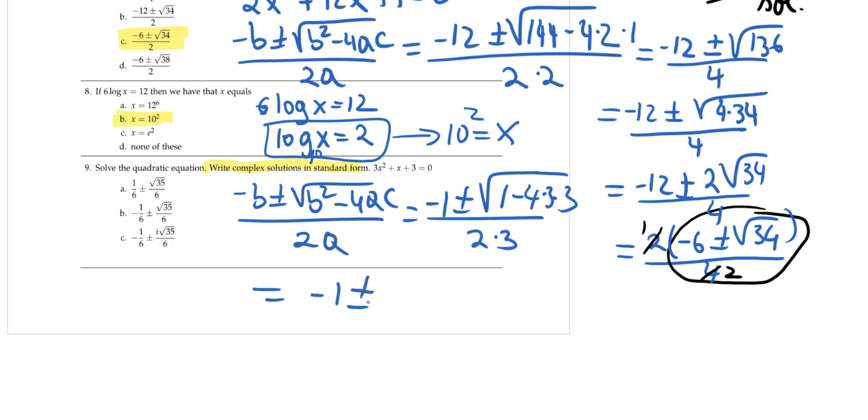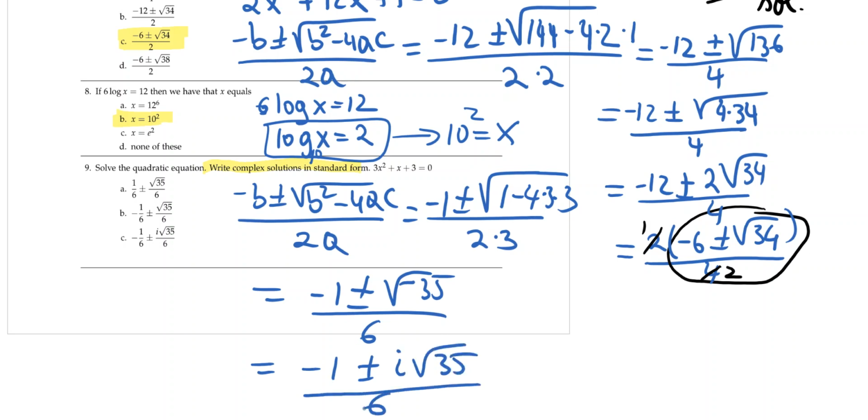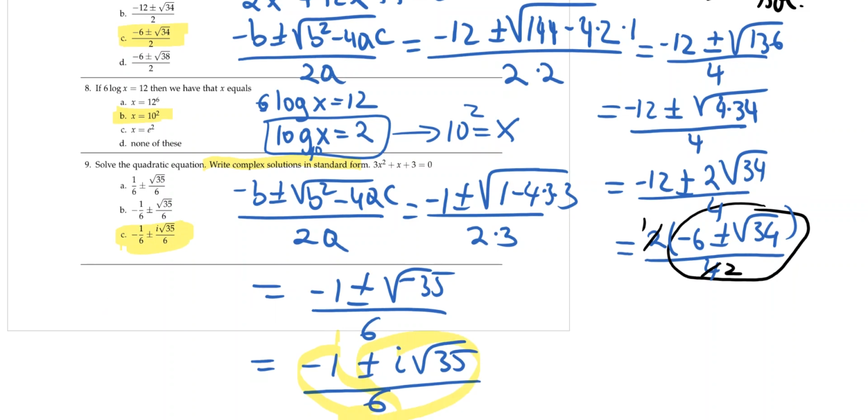So it's -1 plus or minus square root of -35 over 6. And remember that square root of -35 is i square root of 35 over 6. So the answer would be this one, if you just distribute the -1/6 and then plus or minus.